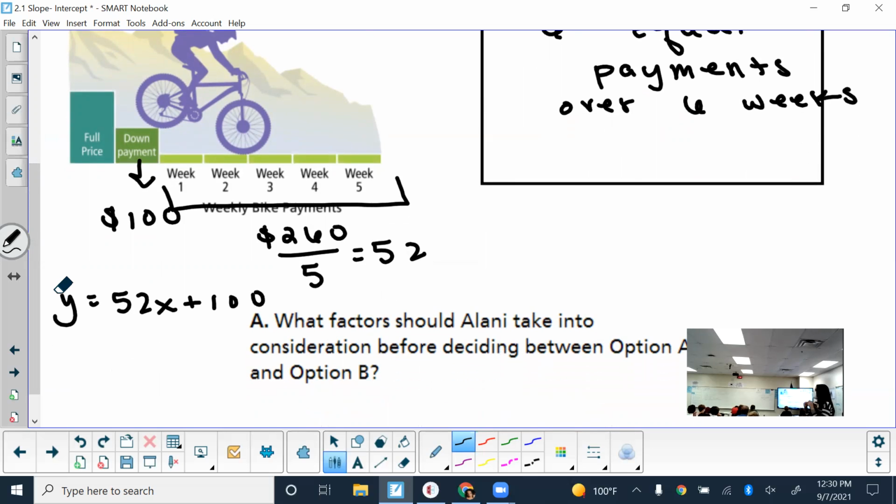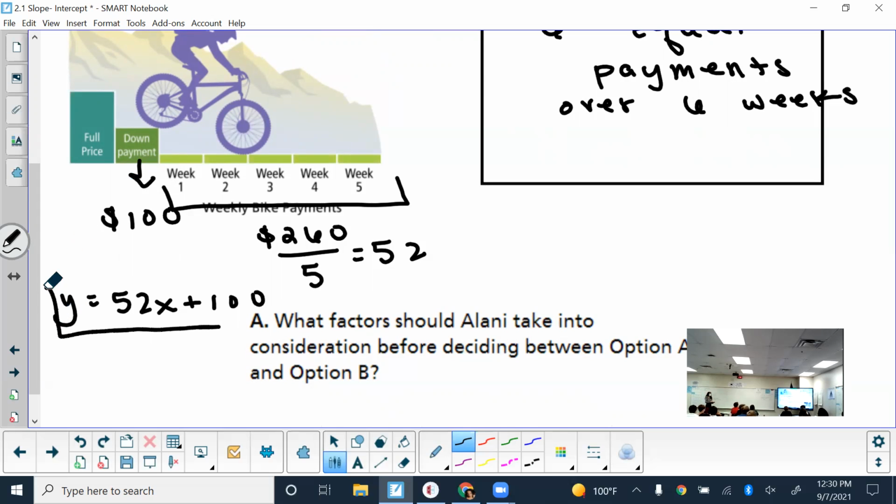All right, so any situation that I give you, whether it's buying a bike or what else could we start with? Paying a flat fee for roses, right? That will be your y-intercept. Does that make sense? Yes.